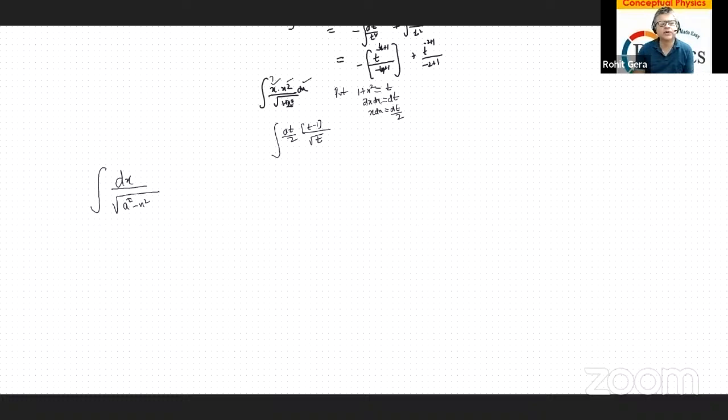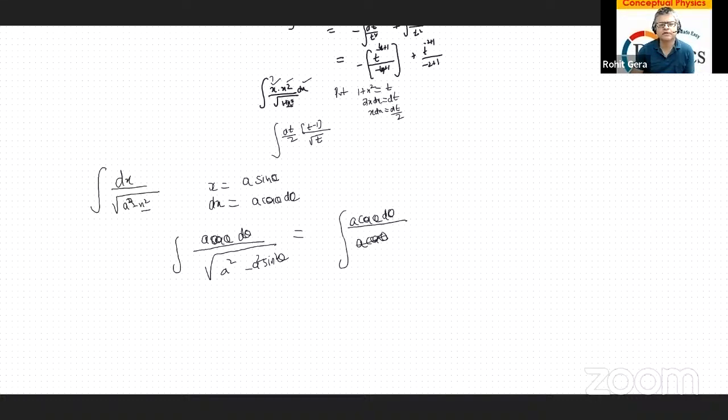Now, if you notice, there is no specific rule except that I know that if I put x equal to a sin theta, then the expression below will improve a bit, it becomes a cos theta. So dx is equal to a cos theta d theta, divided by under root of a square minus a square sin square theta, which is a cos theta. a cos theta cancels, integral of d theta is equal to theta plus c, and theta is such that sin theta is equal to x by a, theta is equal to sin inverse x by a.